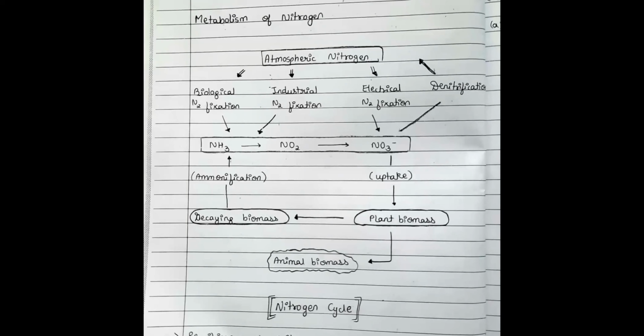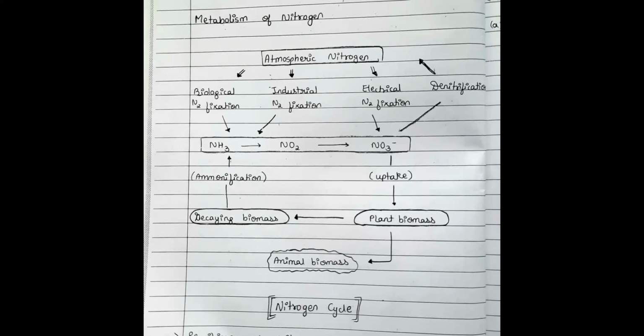Nitrogen is a constituent of amino acids, proteins, hormones, even chlorophyll. Not only is magnesium present in chlorophyll, nitrogen is also present. Even in vitamins, nitrogen is present.